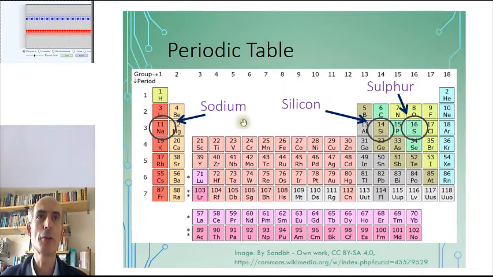I've chosen sodium, silicon and sulfur as examples for this series of talks because they're all period 3 elements and they all begin with an S. They're also good examples of, respectively, a conductor, a semiconductor and an insulator. And later on I'll try and explain how the arrangement of electrons in these atoms results in those properties of the bulk material.